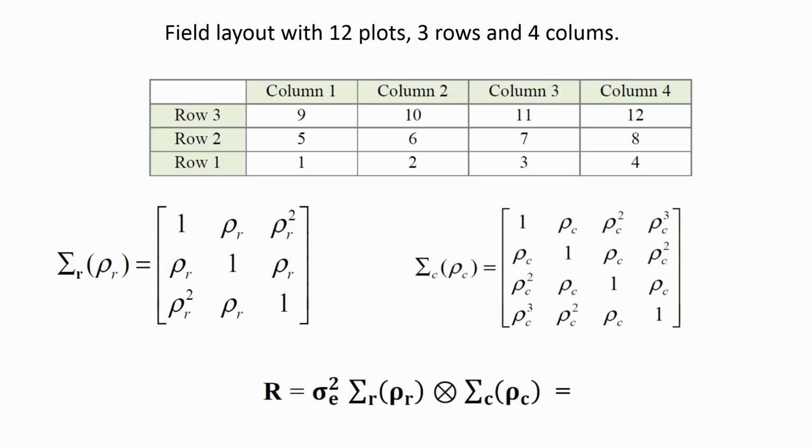So in that case, you'd have to estimate 1, 2, 3, 4, 5, 6, 7, 8, 9 correlation coefficients, which, unless you have tons of data, isn't really possible. So this simplifies it, and it allows you to only estimate 2 to describe the structure of these matrices.